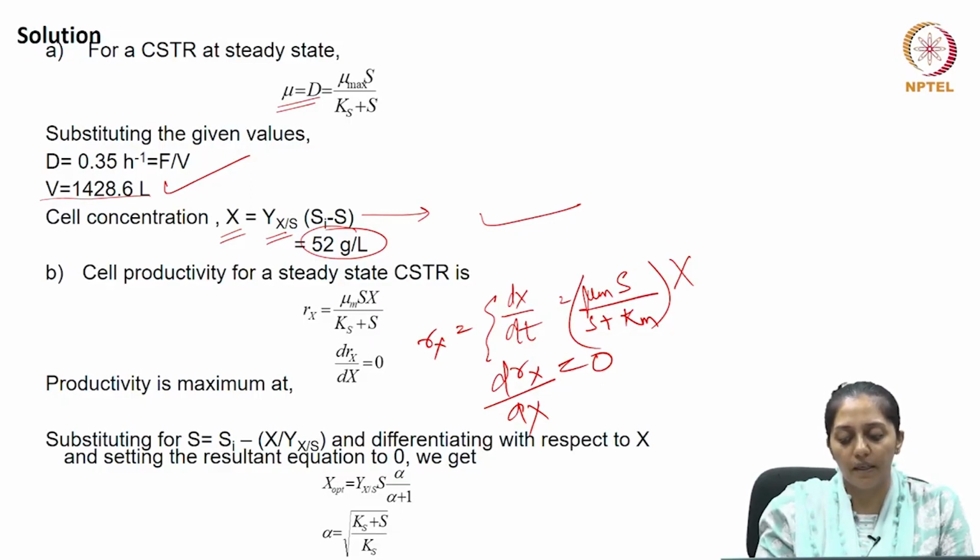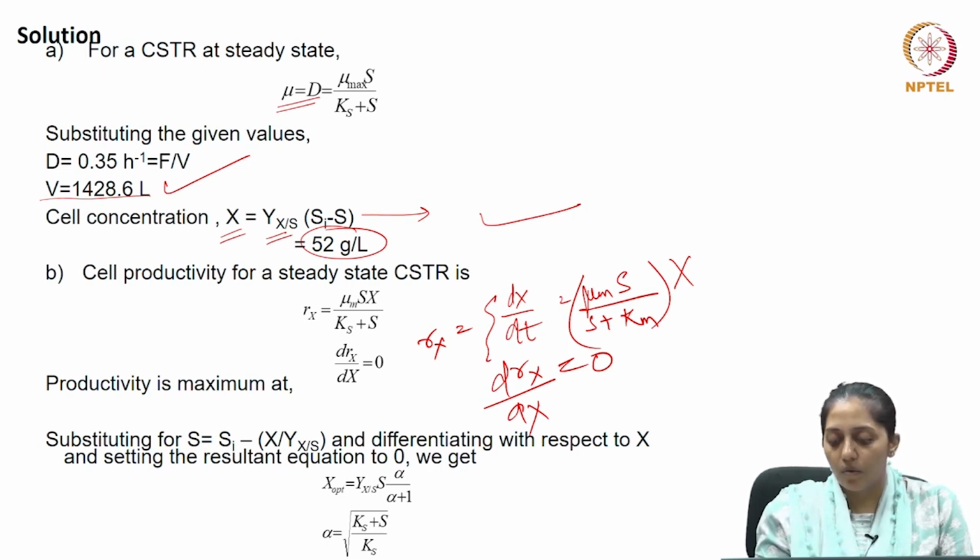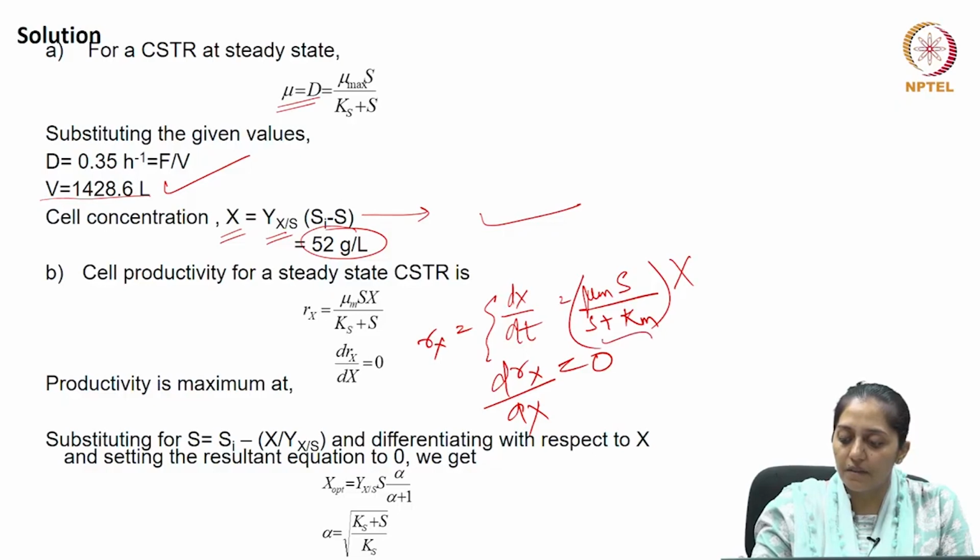So, this is to find the maximum Rx. Now, in this expression we see there are two variables s and x. So, this differentiation is only possible if we bring this expression only in terms of one variable.